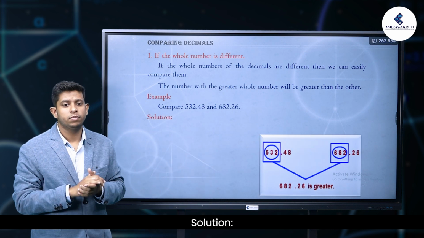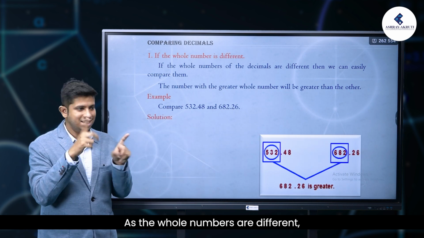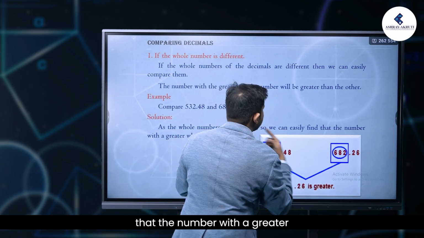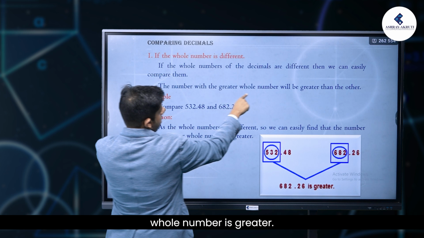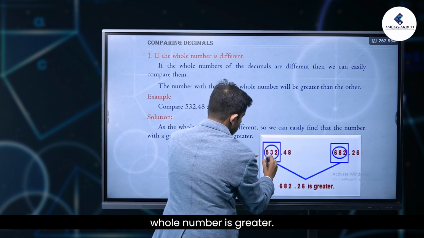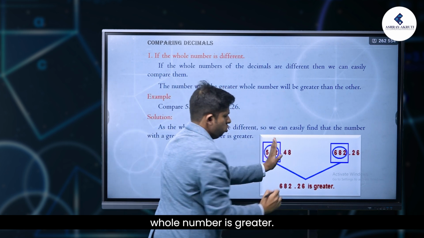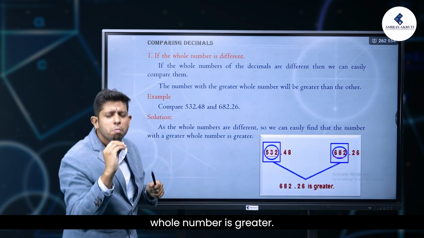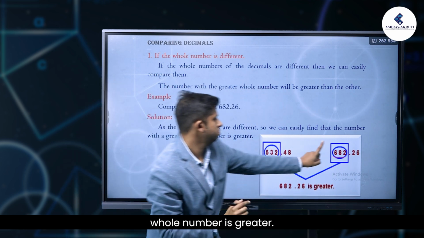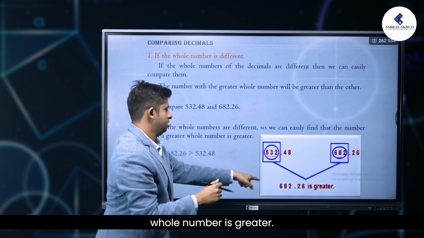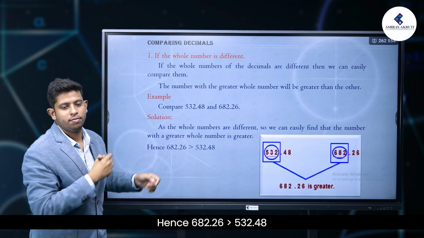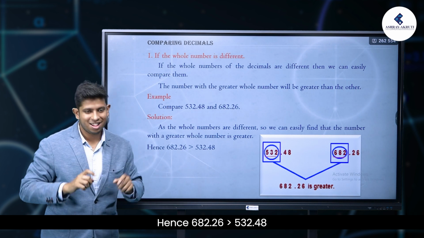Solution. As the whole numbers are different, we can easily find that the number with a greater whole number is greater. Hence, 682.26 is greater than 532.48.